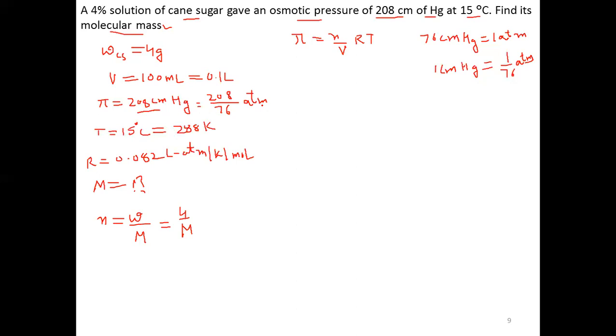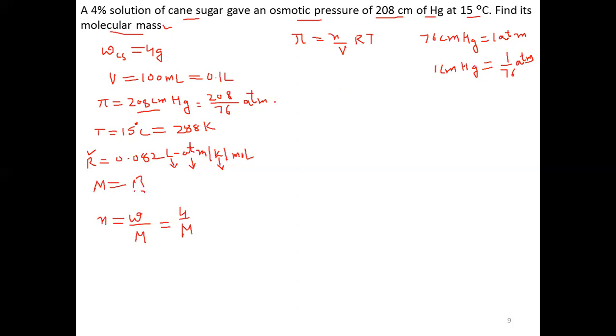If not, then we have to convert them according to our requirement. Now in these numericals, the units are decided by the value of R. The value of R says that volume has to be in liter, pressure has to be in atmosphere, and temperature has to be in Kelvin. So if these are given in other units, we will convert them to these units like we did here.